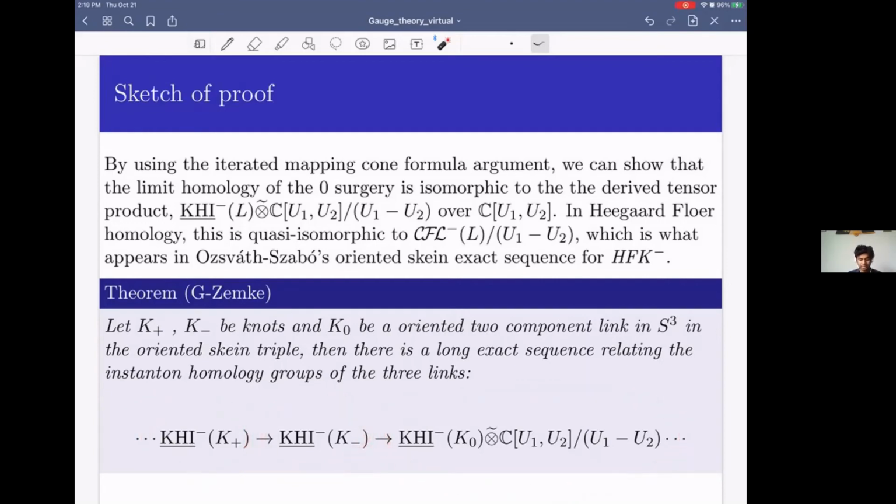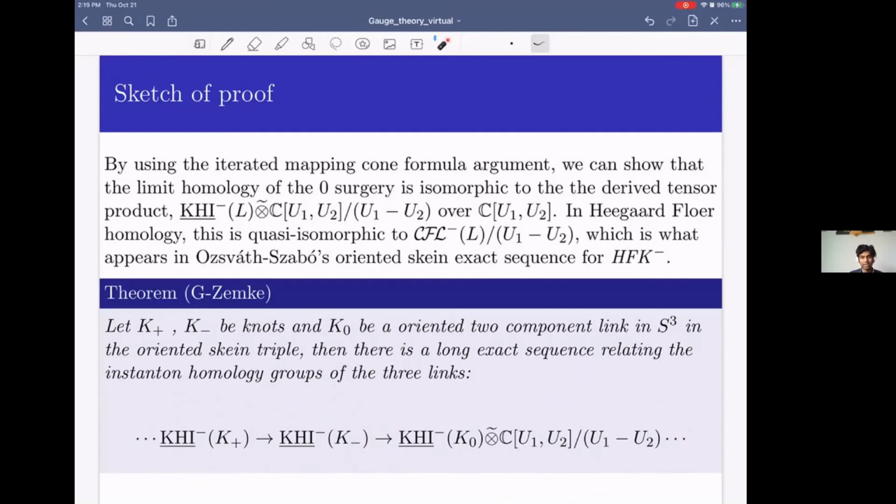What we don't have at this moment is this: all these maps are supposed to be U-equivariant, because you have a U action on K plus and a U action here. Here you can define a U action by U tensor identity. You can just multiply by U on KHI minus and do nothing on the right.